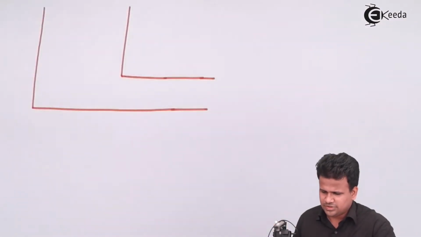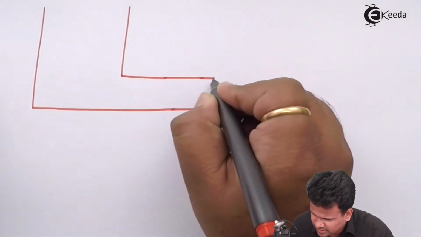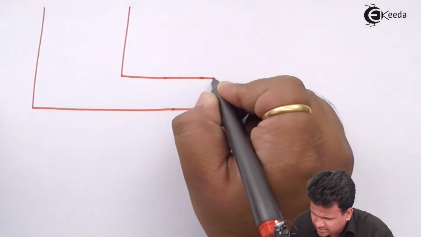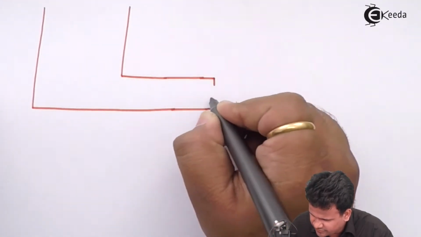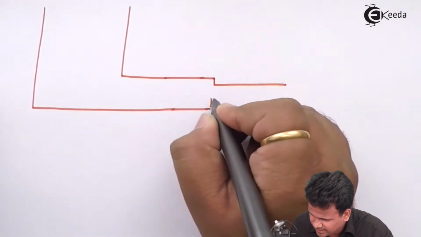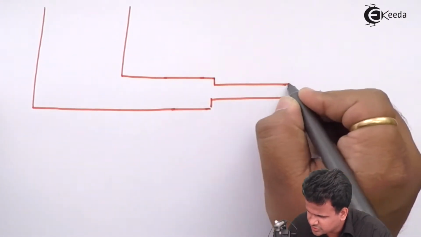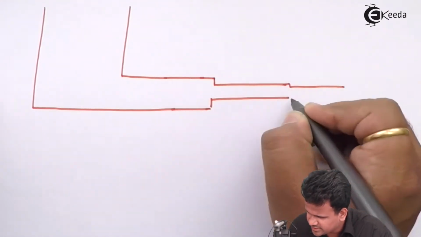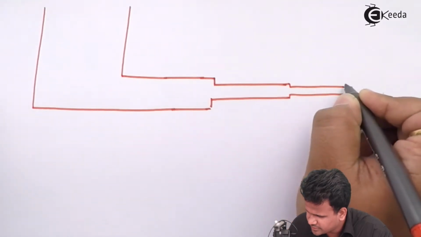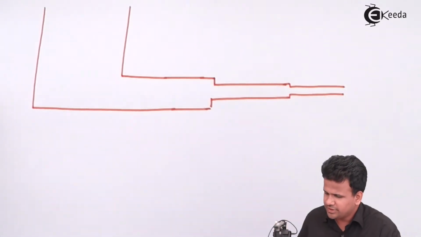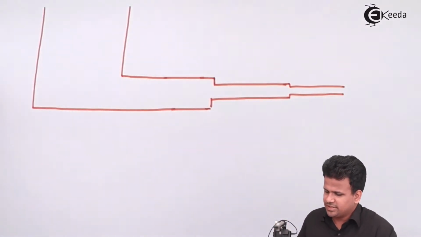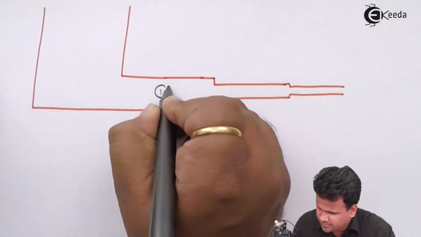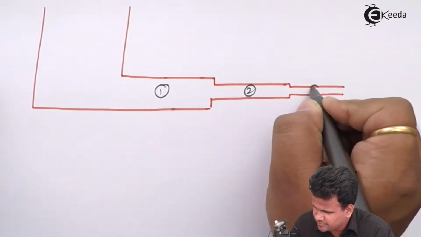So this is the first pipe. Then the diameter decreases from 50 to 40 and the length is 1200, and it further decreases from 40 to 30 and the length is 600 meters. This is pipe 1, this is pipe 2, pipe 3.